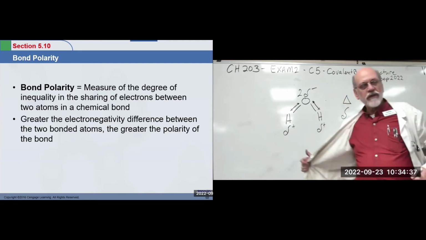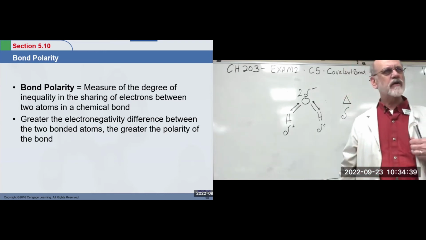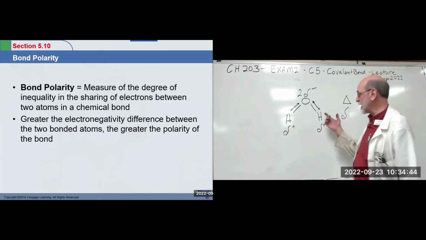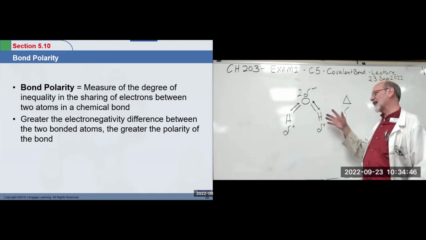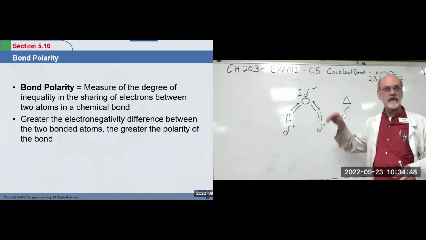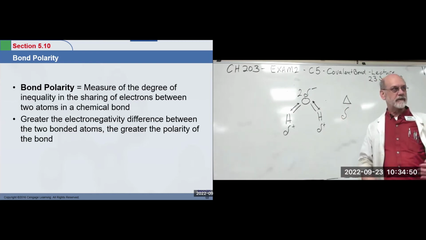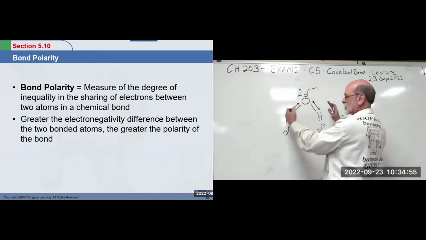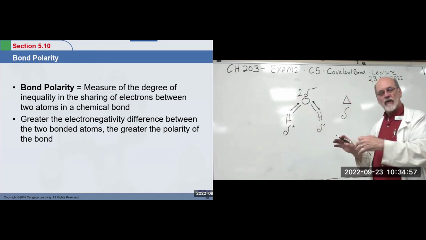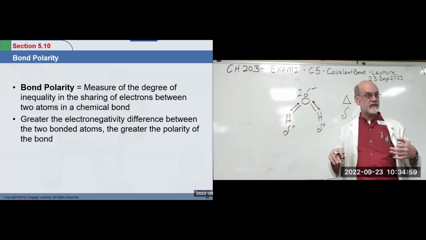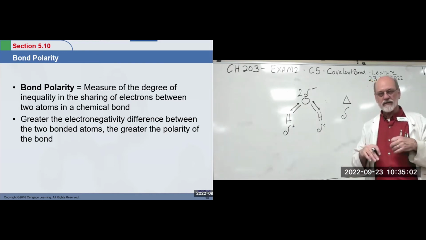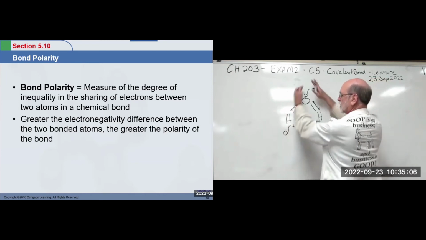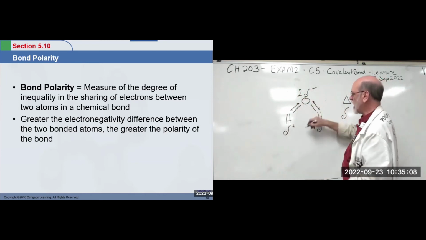Now, anybody heard of the term vector? Okay, this is a vector. Well, actually, it's not really a vector. It shows only direction. Vectors show direction and magnitude. But if we know the values here, and we sum them up in a vector sense, we don't just say we add 2 and 2 equals 4. We say, if they're both headed this direction, then overall, the molecule is like that.